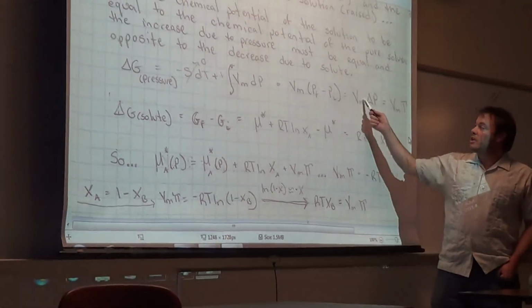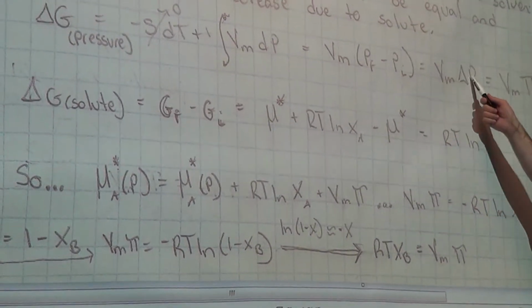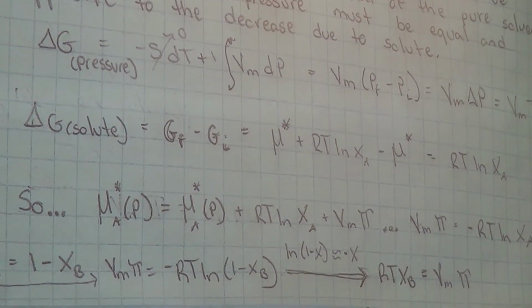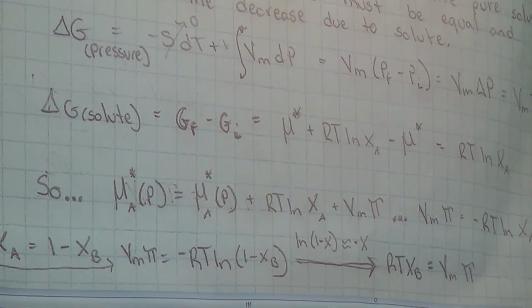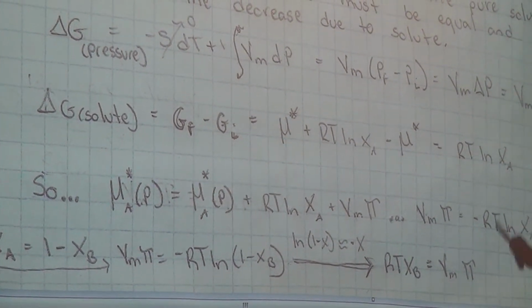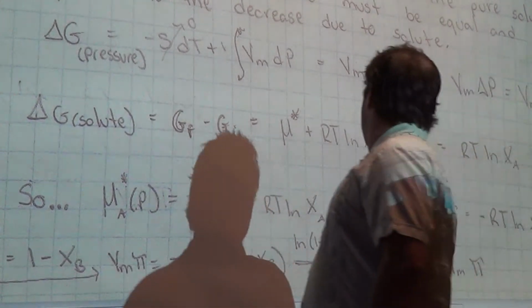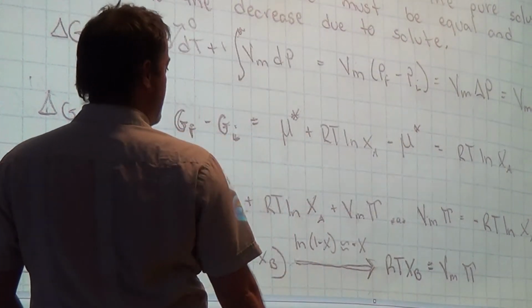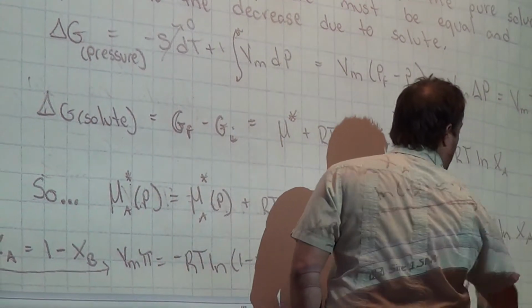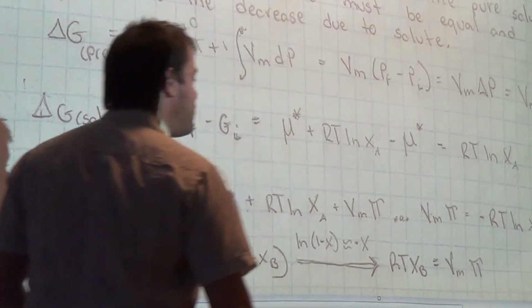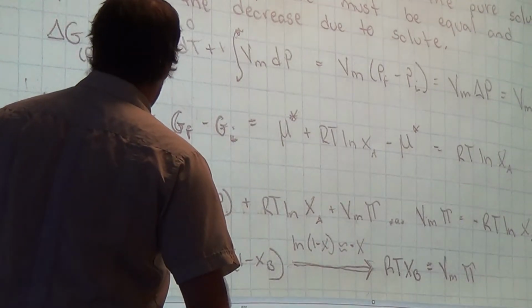Delta G due to an increase in pressure is the molar volume times the change in pressure. We're going to define delta P to be equal to this thing pi called the osmotic pressure. And so we end up with the relationship that molar volume times pi is equal to negative RT natural log of the mole fraction of the solvent species.